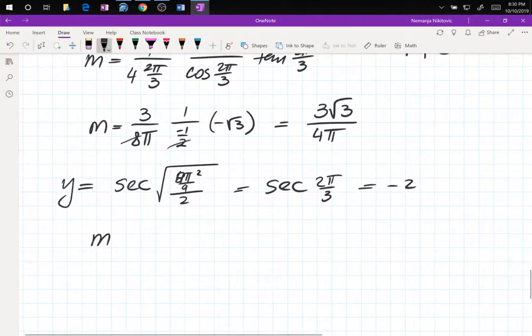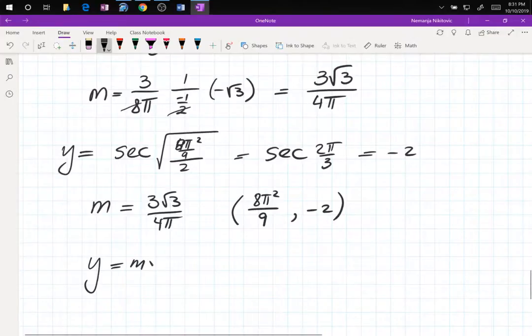So slope m is 3 root 3 over 4 pi, and the point is 8 pi squared over 9, comma, negative 2.